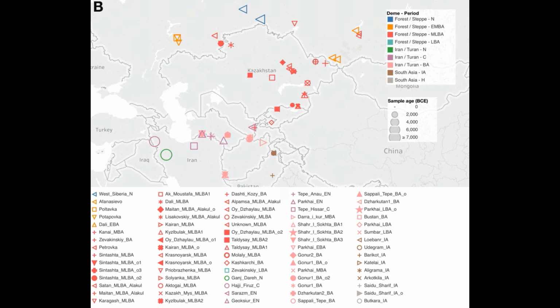So here is a map from Narasimhan's study from 2018, and this is a map of the sites in Iran from which these samples were taken. And this is very interesting.